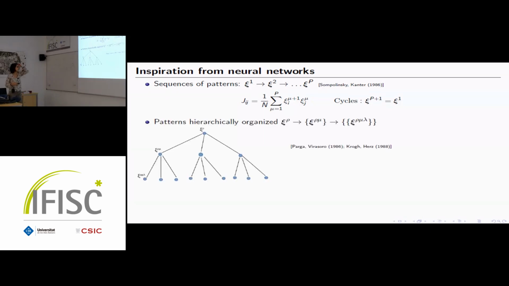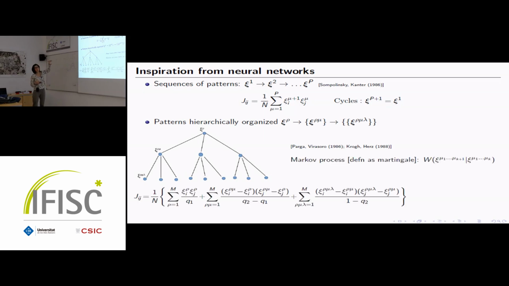And the other thing that people did in the same years was to embed in networks a hierarchy of patterns. In this case, patterns are fixed points. And they considered patterns which are generated by a Markov process from layer to layer, okay?